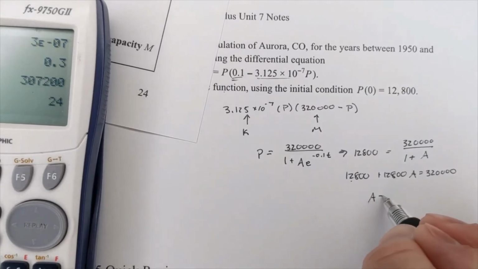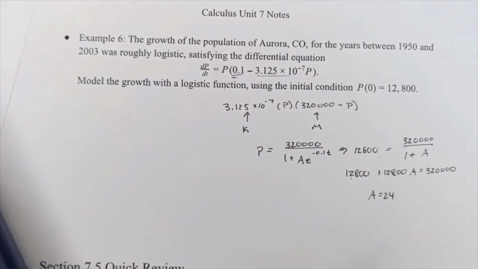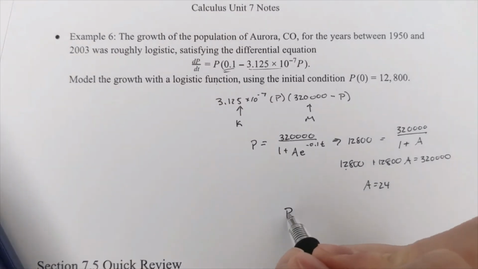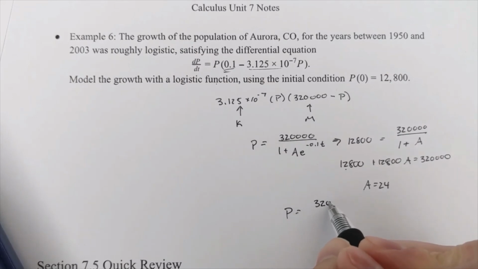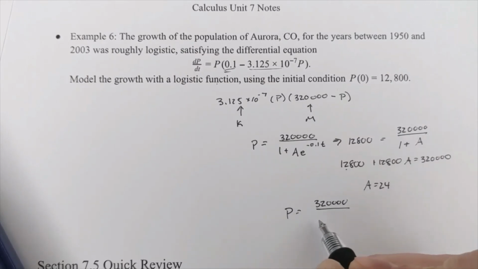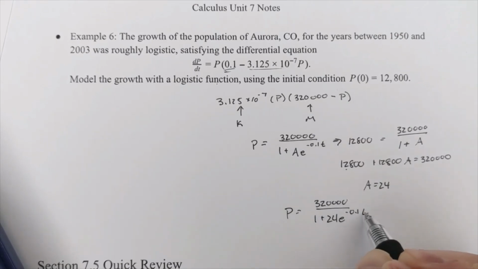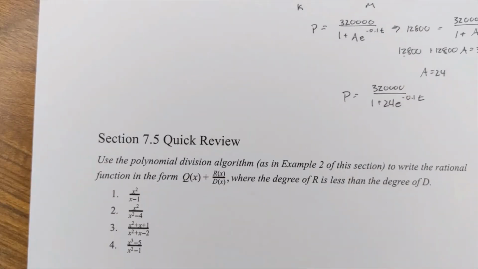So A is 24. So the equation is P equals 320,000 over 1 plus 24 e to the negative 0.1t. And that is the end of that section.